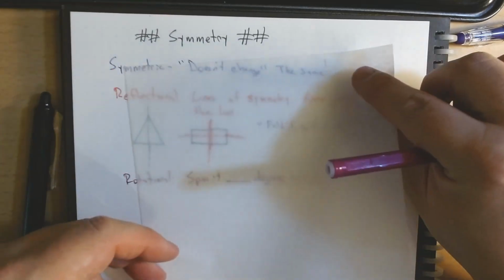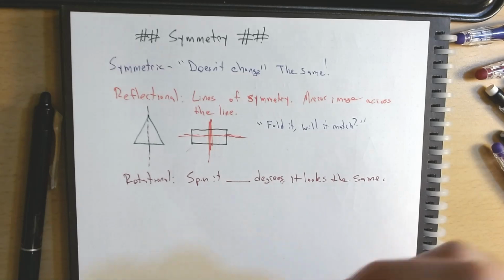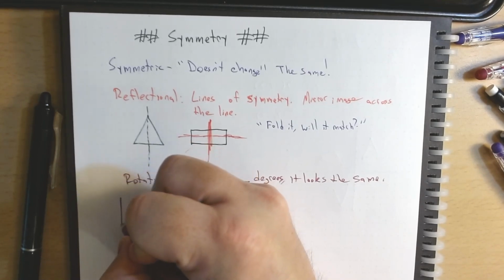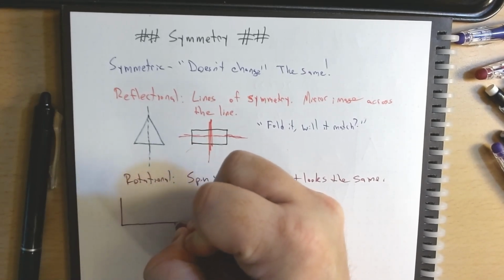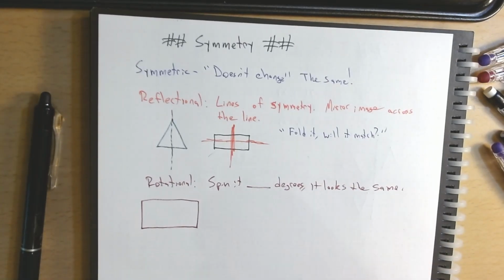And then 360 means you went back to where you started, and we don't really care about that. So you're spinning it a certain number of degrees to make it look the same, literally exactly the same, not standing on its head or something like that.